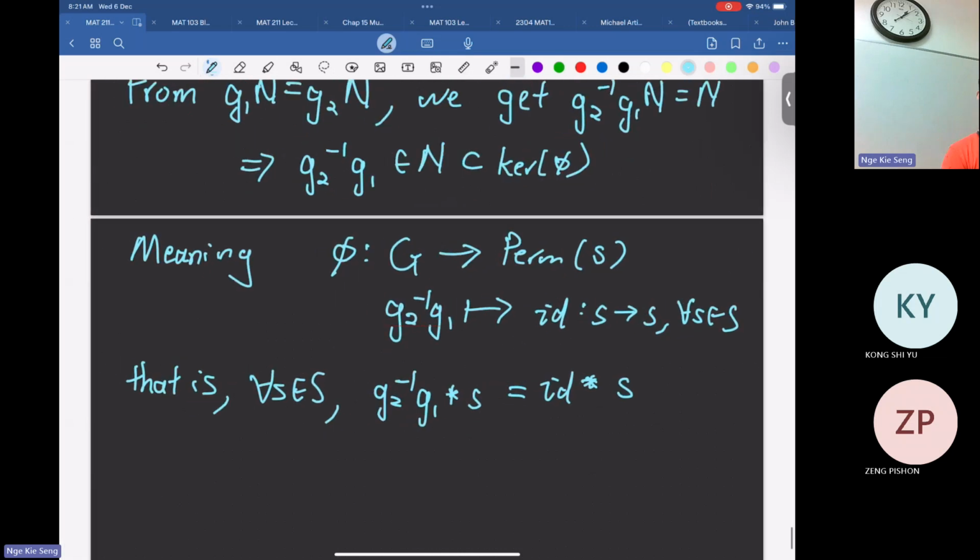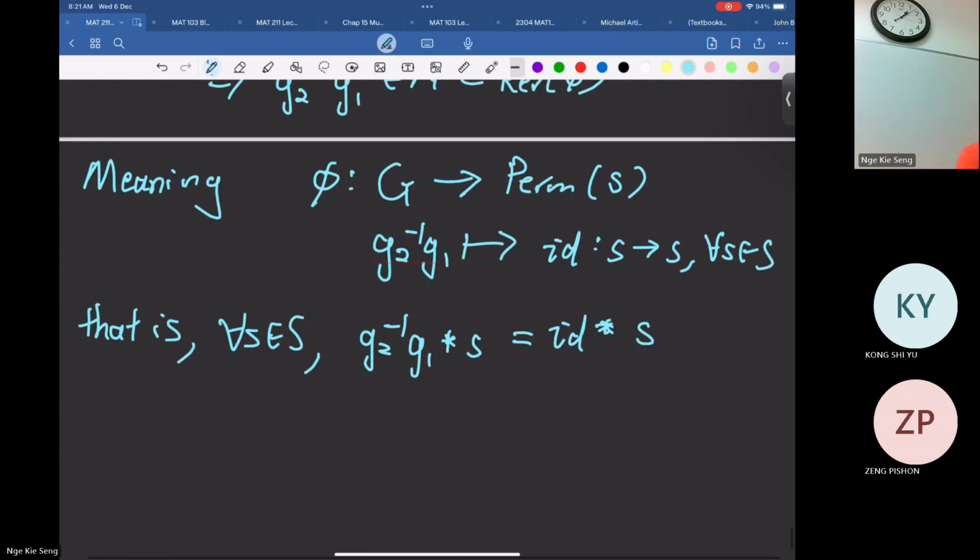If we got this, what can we deduce next? Multiply G2 on both sides, right? So I can act on the element by G2, for example.